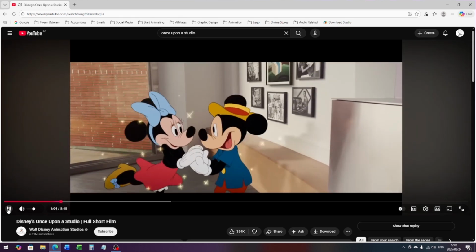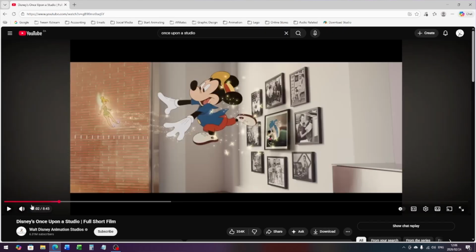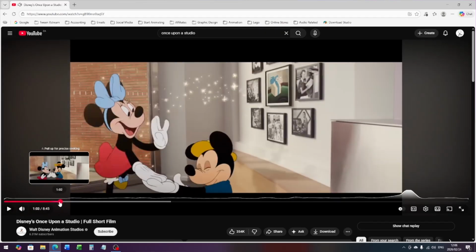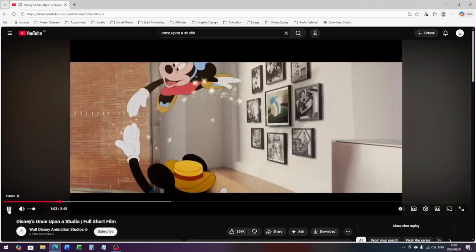Okay, so here's a question. Let's just move this back a little bit. When Mickey flew out of the painting, he floats in the air a little bit before he lands. So my question is, why?